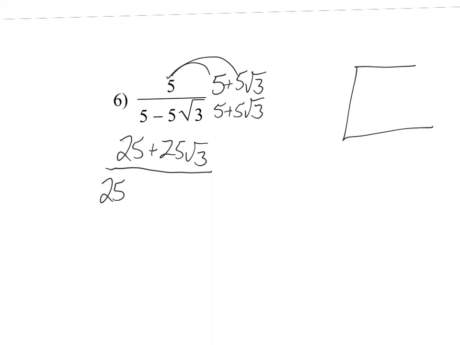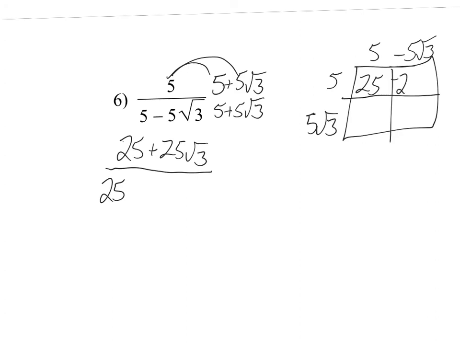If you want, guys, you can do a square like this and just say, okay, I have 5 minus 5 radical 3, 5 plus 5 radical 3. This is going to give you the same answer, so that's 25. That's minus 25 radical 3. That is positive 25 radical 3. And that is negative 25 radical 9.